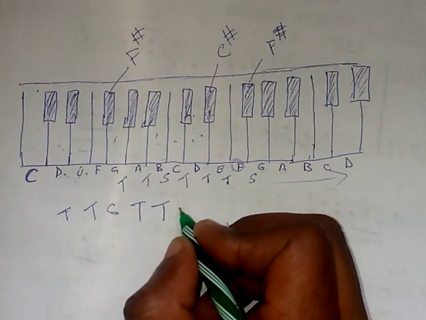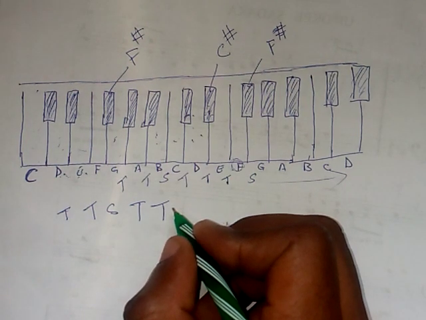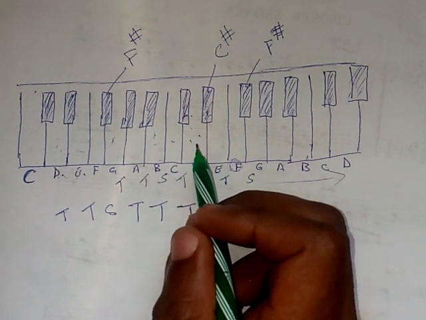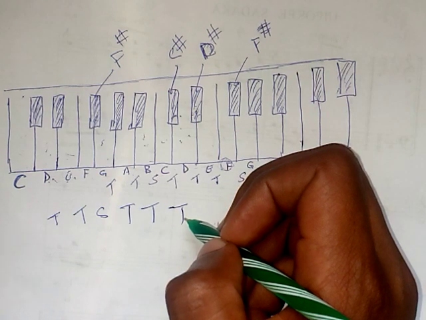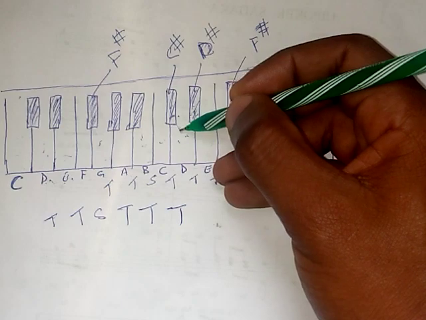So for my pattern to hold in scale D, I will have to sharpen C, so that the distance between B and C sharp will be a tone. From C sharp to D, I have a semitone which holds.